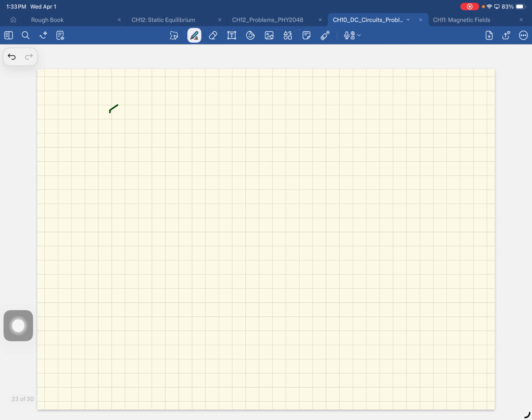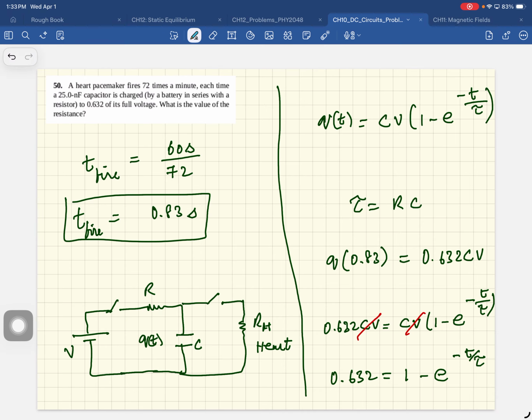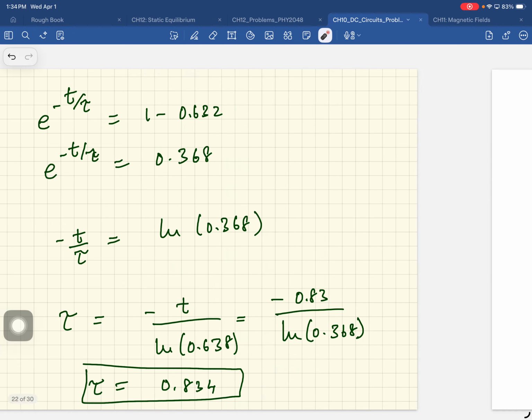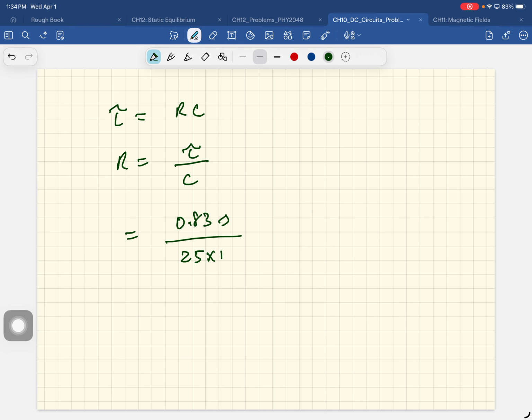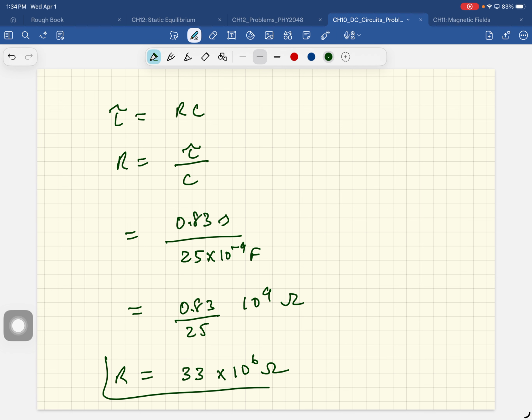All right, so tau is RC, R is tau over C. 0.83 seconds divided by the capacitor, which was 25 nanofarads. So this will be 10 to the 9 seconds over farads, which is ohms. 0.83 divided by 25. So 33 mega ohms.